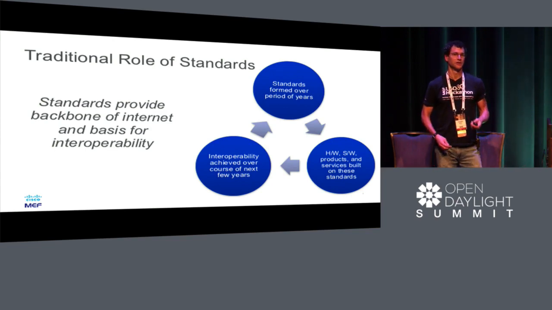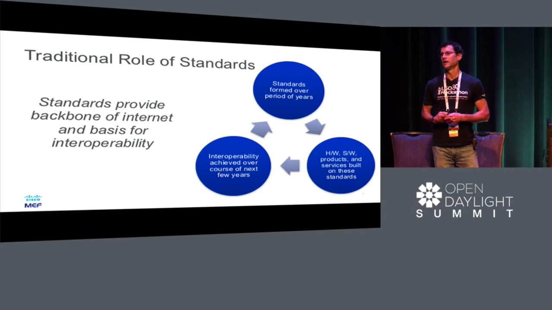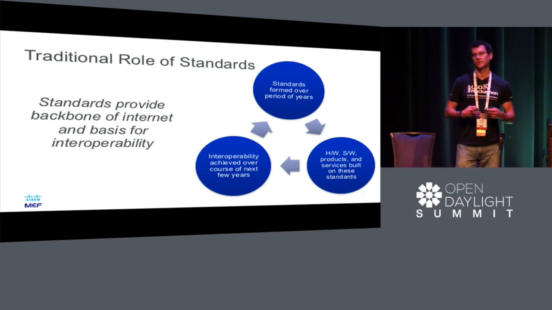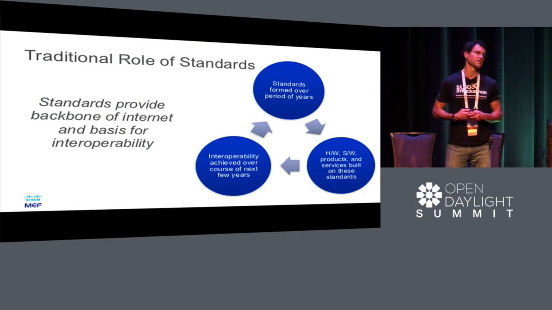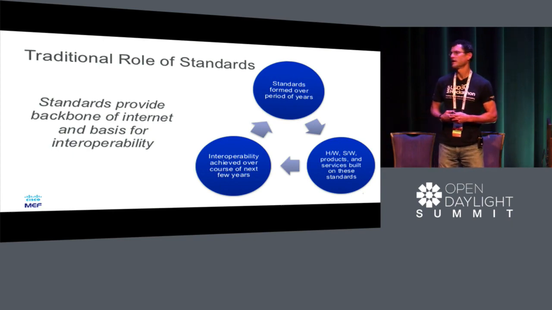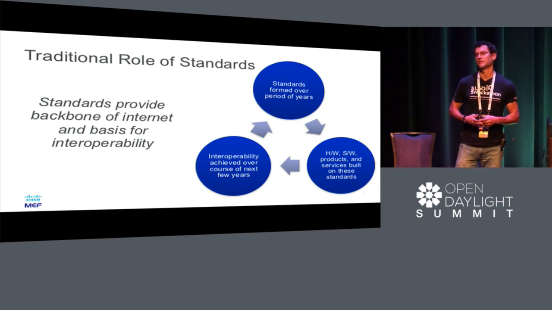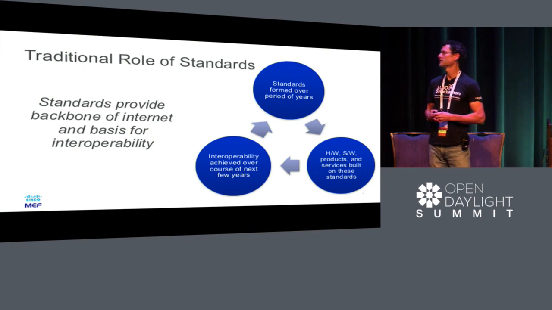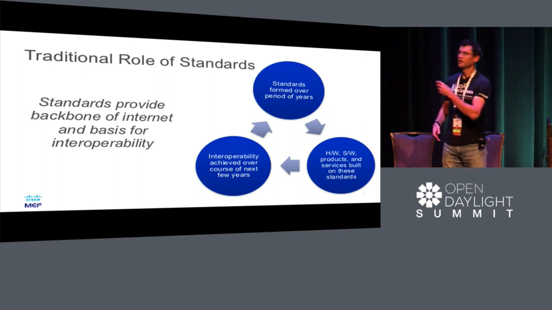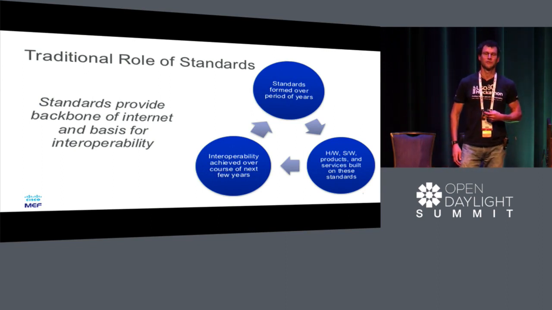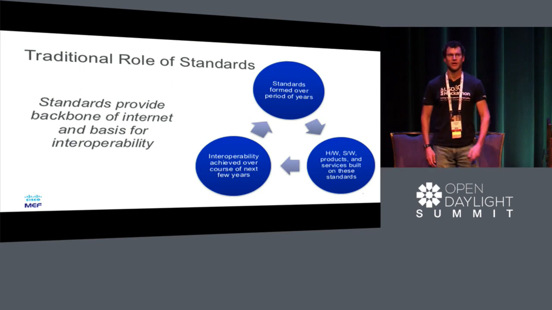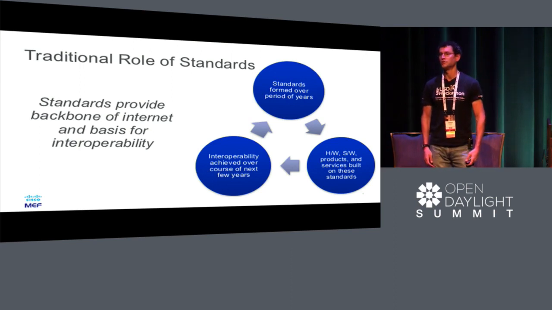That's because these standards are written by people like us. They're subject to interpretation, they're complex. When different vendors go and implement them, there are some ambiguities or some assumptions they make regarding what they read. And so when you plug these things together, they don't necessarily work just out of the box. So you put that all together, and it's a pretty long cycle from the time you start working on a standard to the time you actually have interoperable solutions based on that standard.